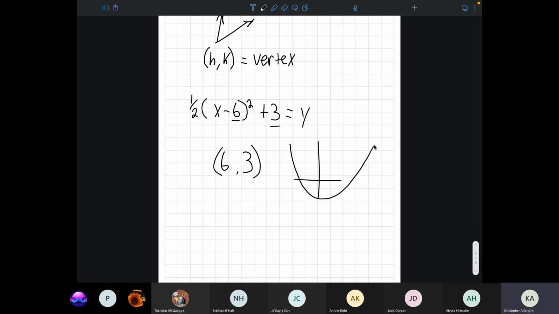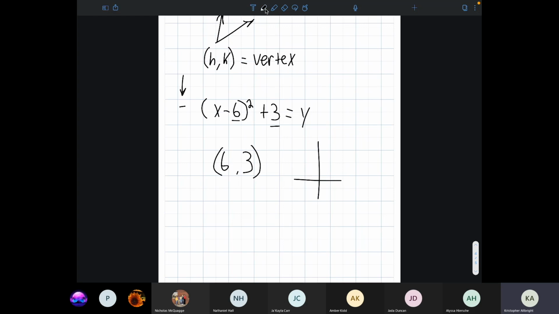If a is smaller than 0, so if it's negative here, then we are going to have an upside down graph. So a tells you whether your graph is right side up or upside down, just by whether there's a negative sign out here. And that doesn't have anything to do with whether it's stretched or not. If you see a fraction, you know it gets wider.